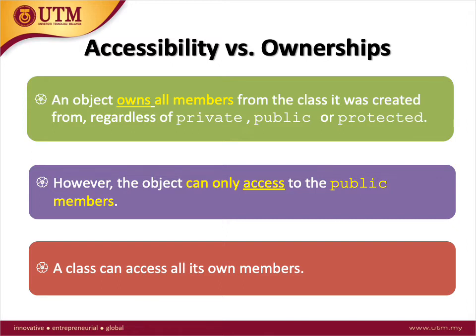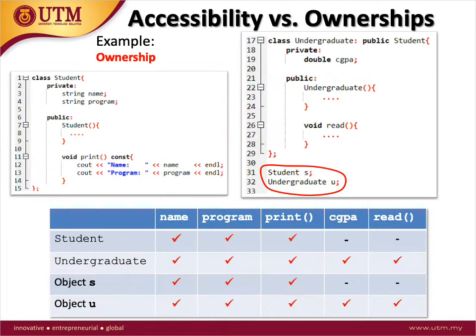However, the object can only access the public members. If it's private, it cannot access that. A class can access all its own members.